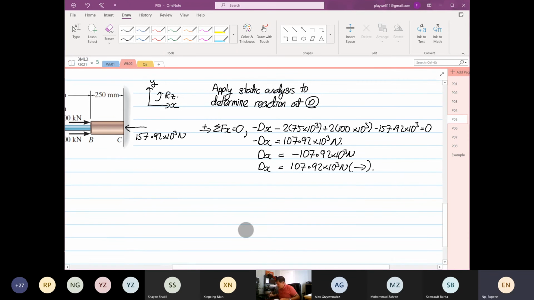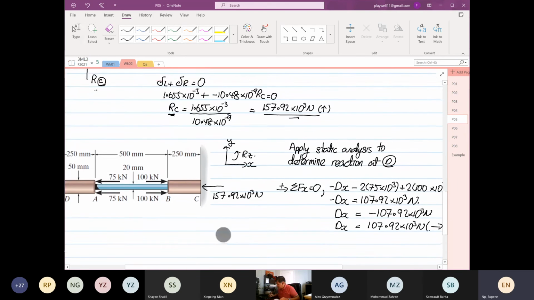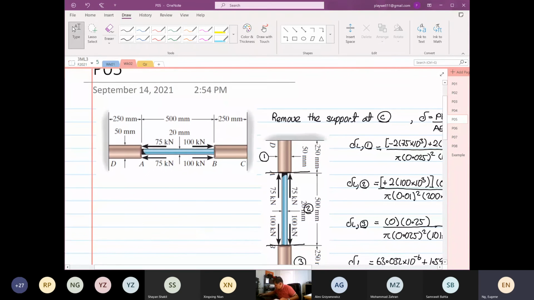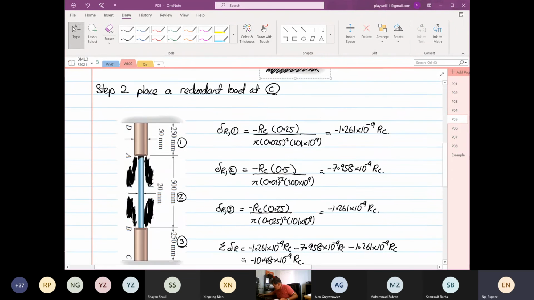So the next thing we're going to calculate is the average stress applied in each section. I'm going to use this diagram over here so you can visualize better.